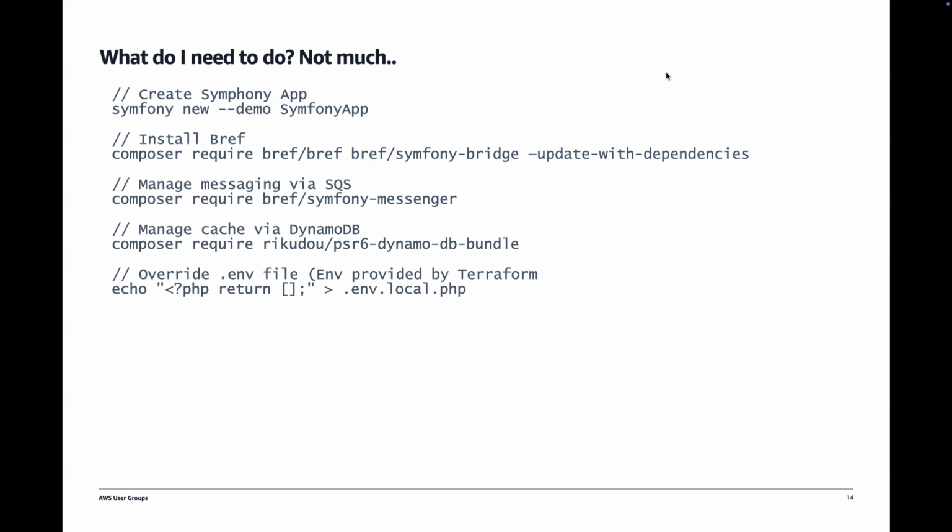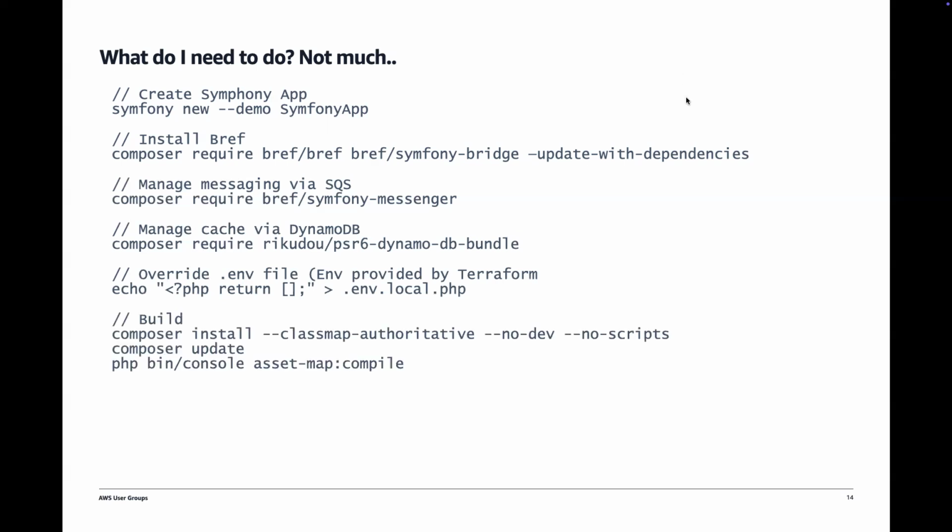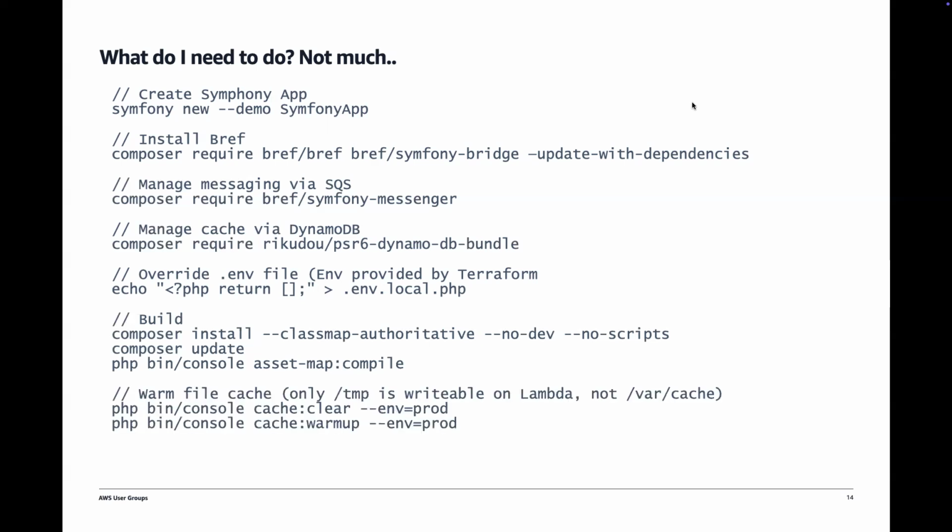All right, and then you just override the env file. I do that because I don't use environment files. I use Lambda environment variables, and I provide those in my Terraform code. And then I just do the composer install. That's the same as npm install. And then I compile the assets of my function, and I will pre-warm the cache because in Lambda, only the /tmp folder is writable.